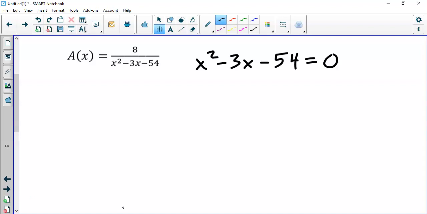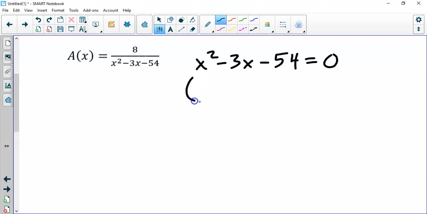So, what do we do? How do we factor that bad boy? That's right. Find two numbers that when multiplied give you negative 54, but when you add them, get you a negative 3. Anybody know what those two numbers are? 6 and 9.